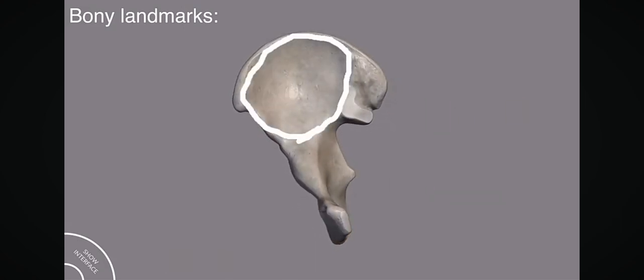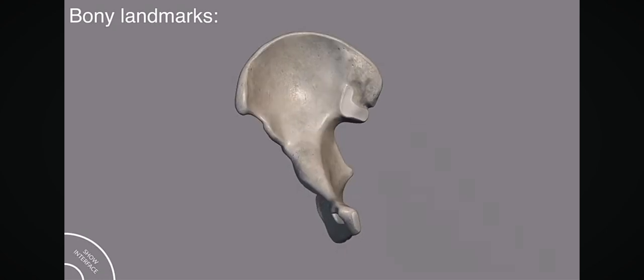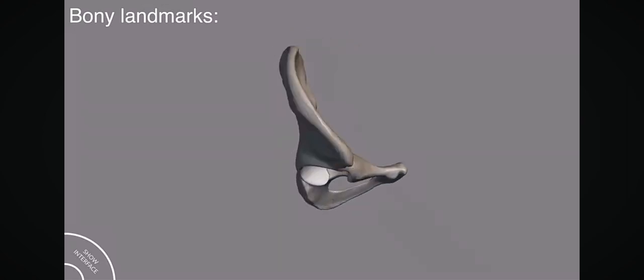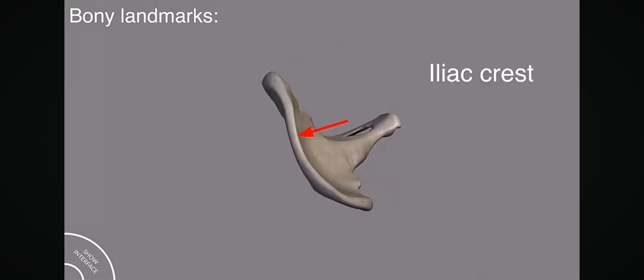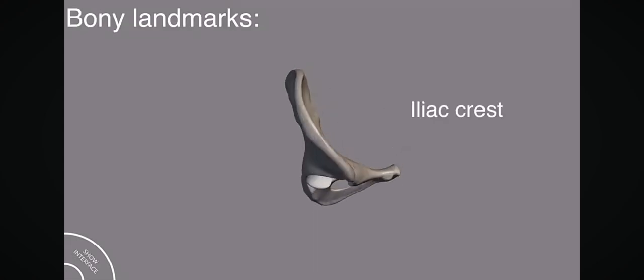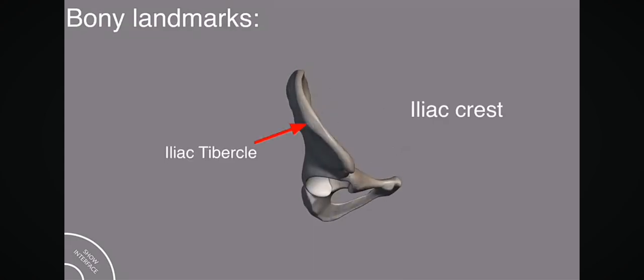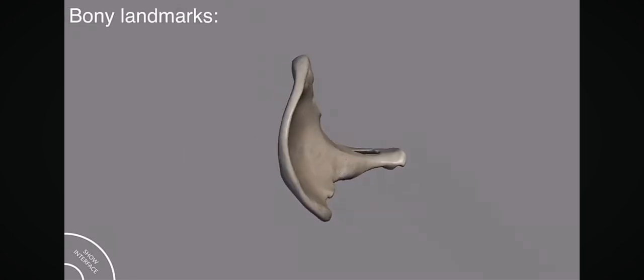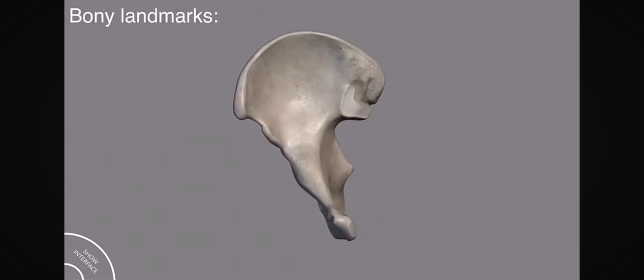This whole fossa is called the iliac fossa, and this is the iliac wing. This is the iliac crest. On the iliac crest, there is a tubercle called the iliac tubercle, and on the inner side, this is called the inner lip.